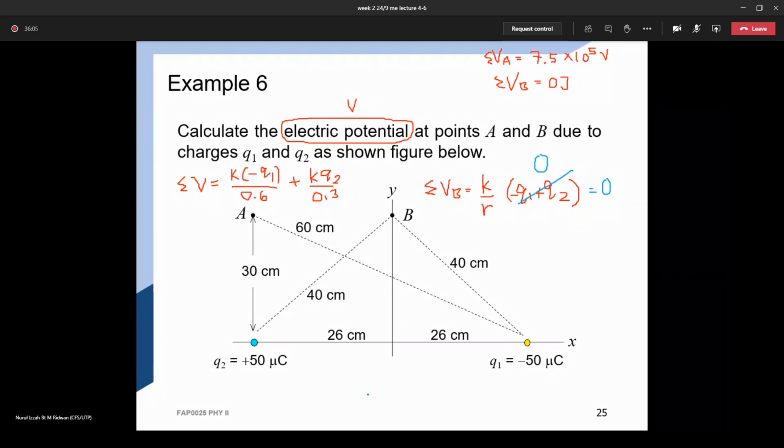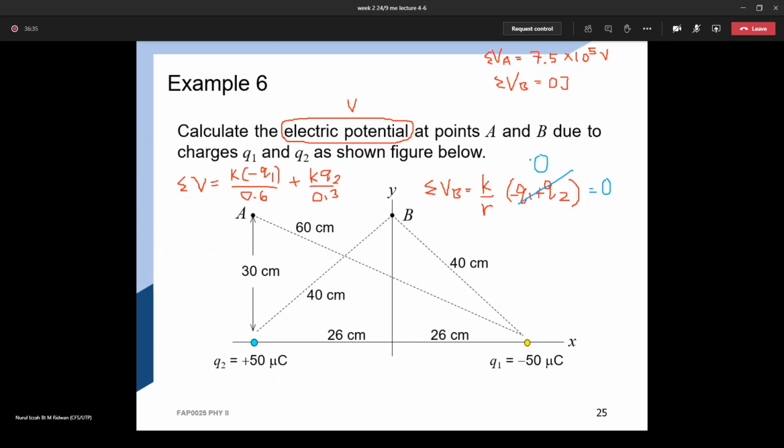Now I would like to introduce to you why at point B you will have it as 0. There are conditions like this. If the distance is the same and it is coming from two opposite sign charges, one positive, one negative, it means that there will be one possible point in the middle where the potential will be 0.